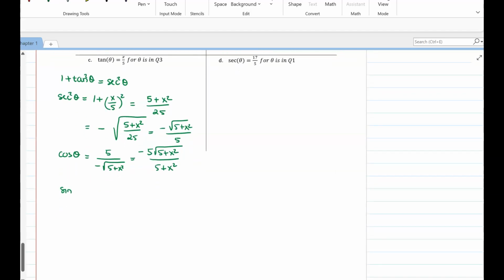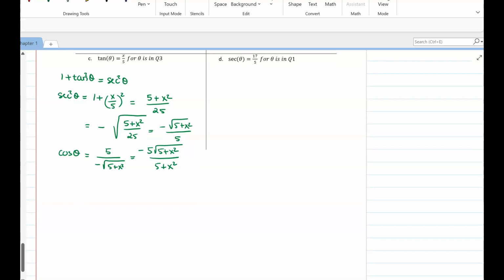Now we have cosine of theta. We can find sine of theta. So sine squared of theta equals 1 minus cosine squared of theta. So that is 1 minus 5 divided by negative root 5 plus x squared, squared. That is 1 minus 25 over 5 plus x squared.